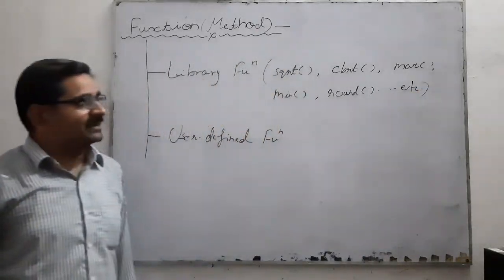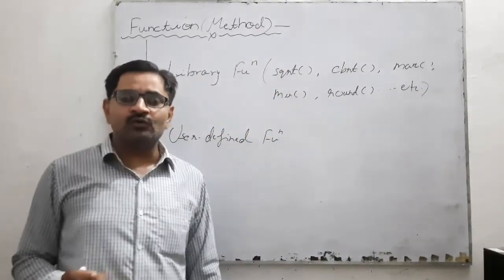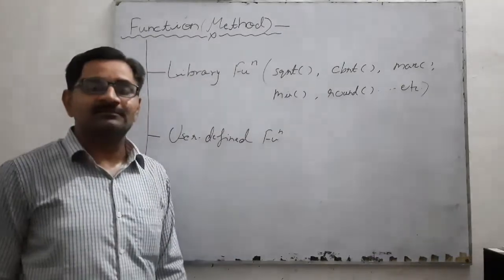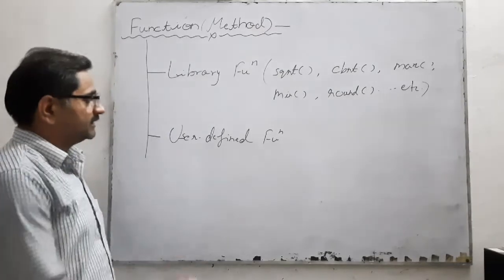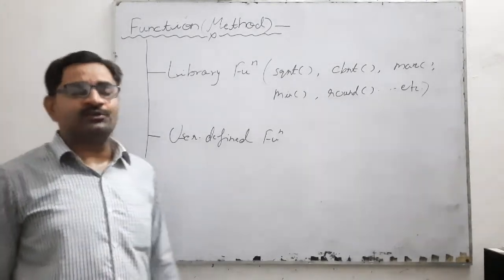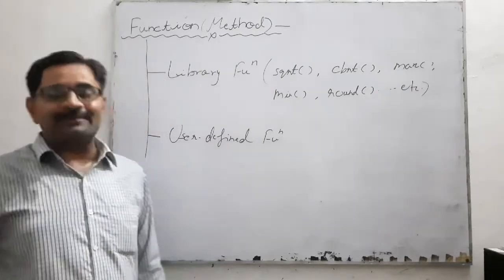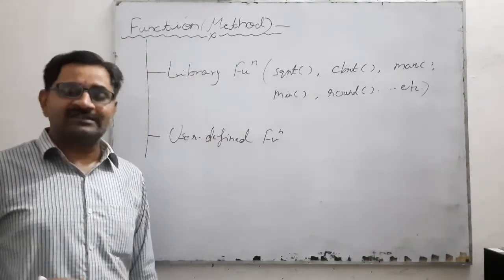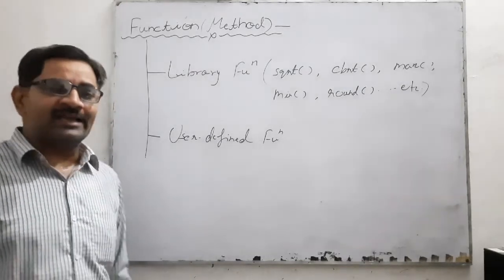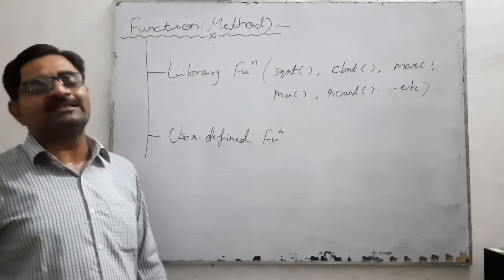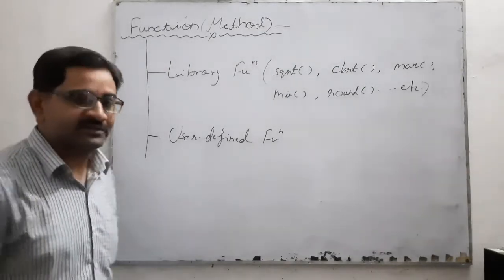Whenever we have to use them, we can just call that method. But when we talk about user defined functions, here the user writes the methods as per the need. According to the requirement, the user can define the functions, and they are known as user defined functions.